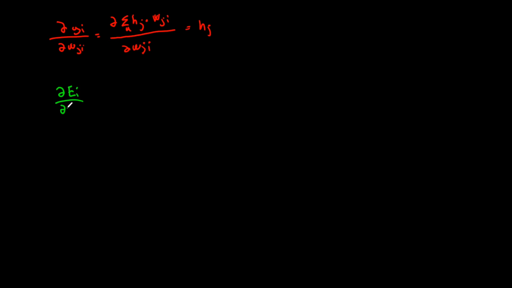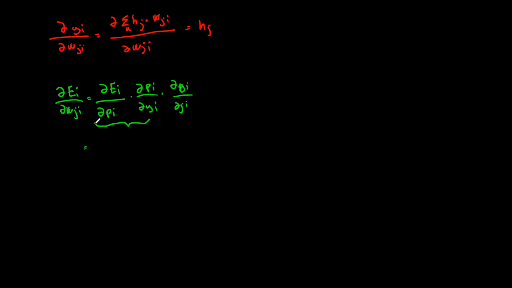The derivative with respect to one of our weights is the same as the derivative of the cost function of that sample with respect to the prediction, multiplied by the derivative of the prediction with respect to the output of the layer, multiplied by the derivative of the output of the layer with respect to our weight.